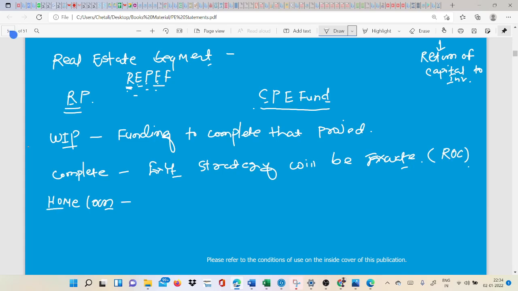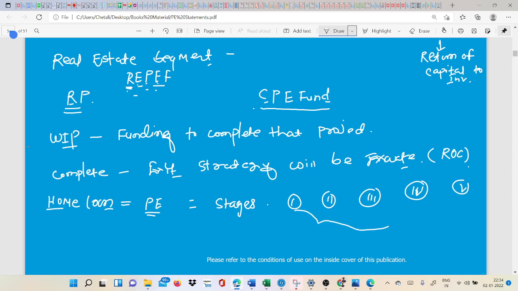The same way PE funds work. They do the funding in stages: first, second, third, maybe fourth if required, or maybe fifth, on the basis of the project progress.